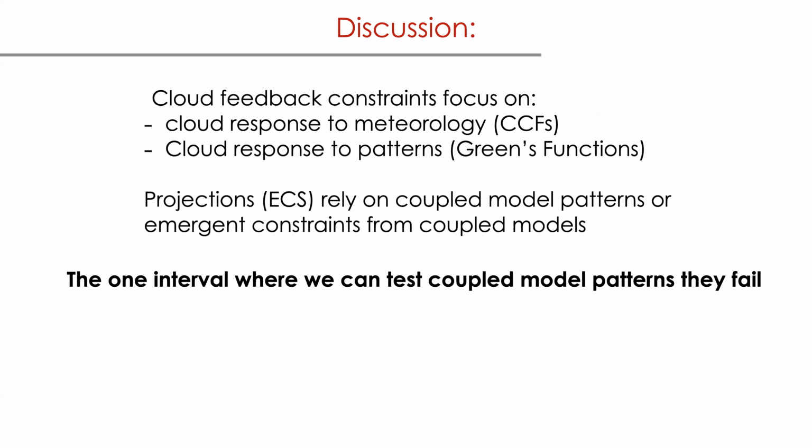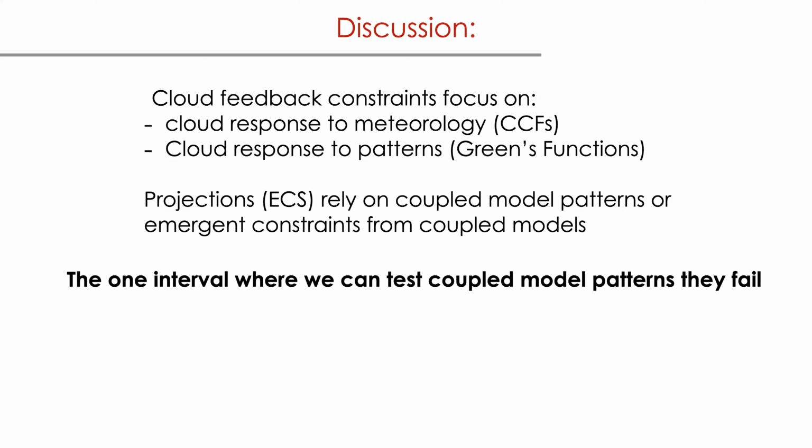This, I think, has strong implications that our community should think more about, in particular because our constraints on cloud feedback tend to focus on the cloud response to meteorology as summarized in cloud controlling factors, or the cloud response to SST patterns as summarized in Green's functions. But generally, all projections and estimates of ECS tend to rely on coupled modeled patterns or emergent constraints based on coupled models.